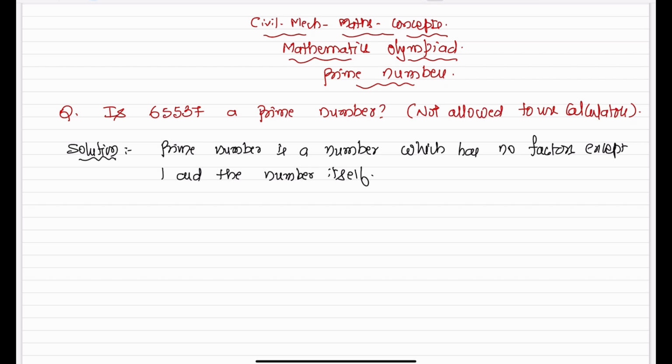For example, 3 is a prime number because it cannot be divided by any other number other than 3 itself and unity. 5 is a prime number. 7 is a prime number.